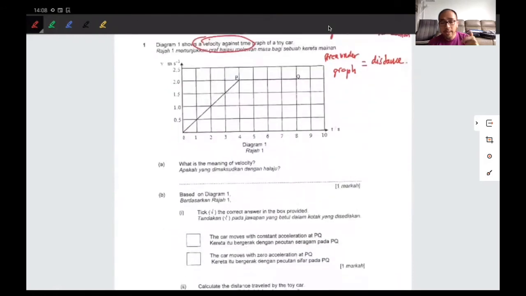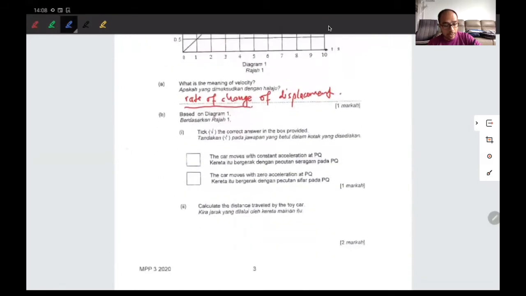Okay, so what is the meaning of velocity? Velocity is the rate of change of displacement. Okay, that's the standard one for velocity. And since we're talking about this, because we have the words rate of change, saya juga mau kita terus ulang kaji lah.